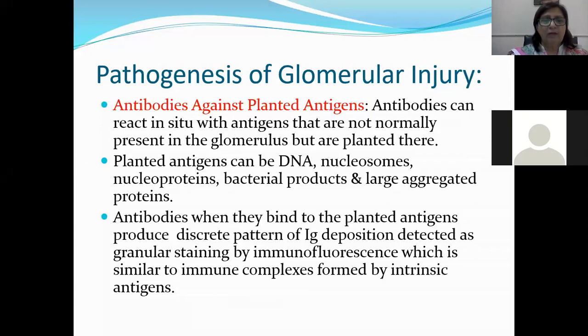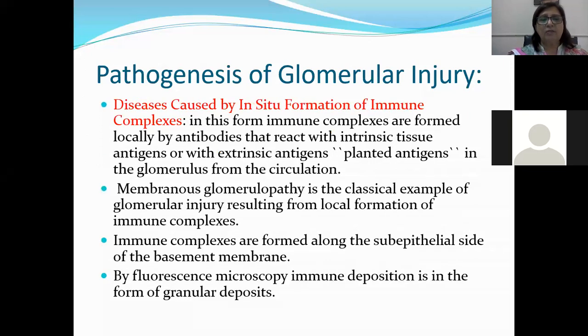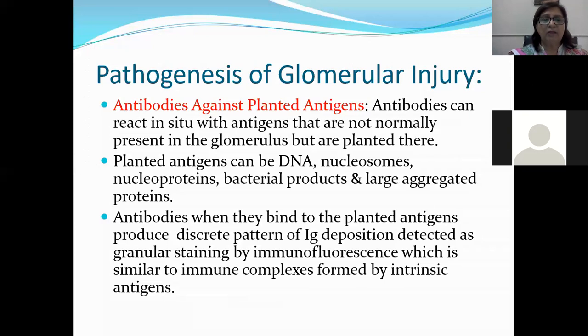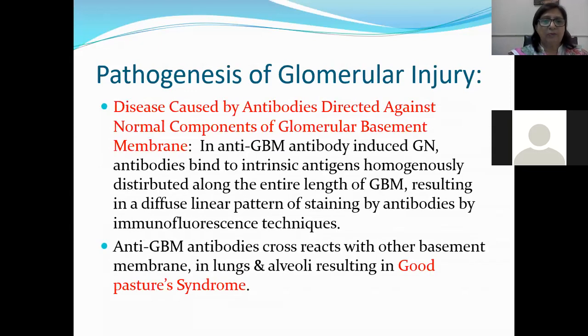Okay, so I hope this is clear. Diseases caused by in situ formation of immune complexes, either against intrinsic antigens themselves or extrinsic antigens which are lodging on the glomerular basement membrane, both of these will form granular deposit on immunofluorescence microscopy.